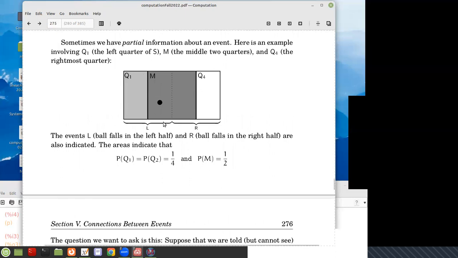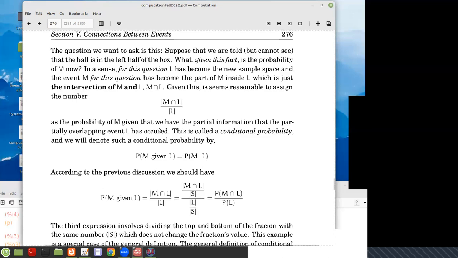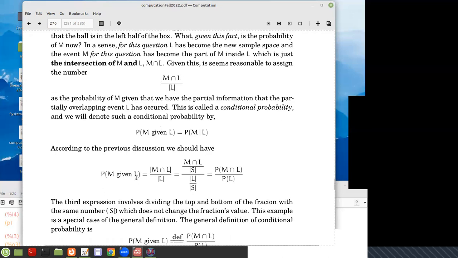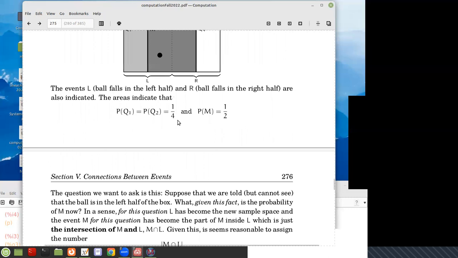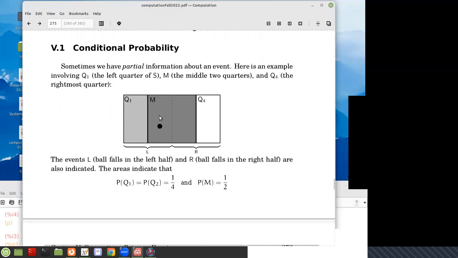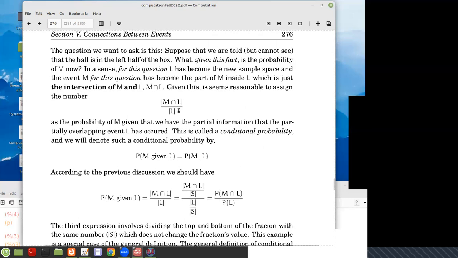Since we know it's in the left, that becomes our new sample space size. So given L, we want the probability it's in M, and that's the intersection of M and L. So what we mean by the probability of M given L, in this notation, is the probability of the intersection, the chance it's in both, divided by this reduced sample space size.